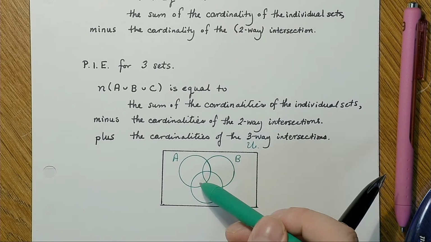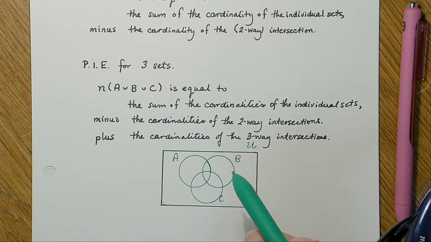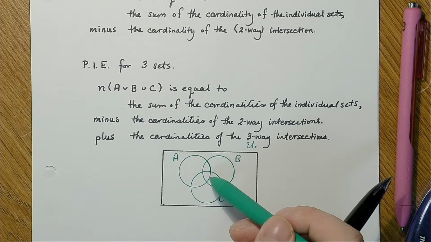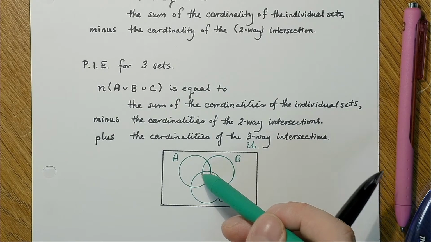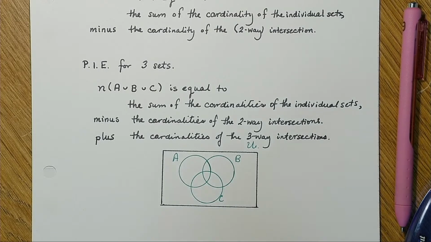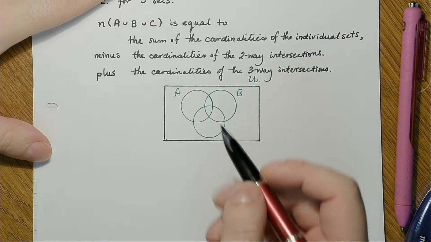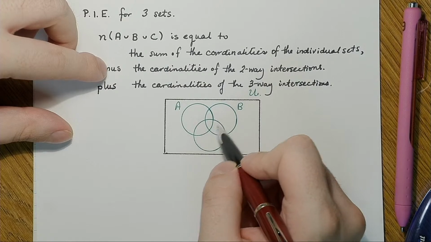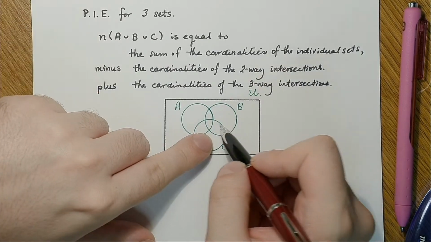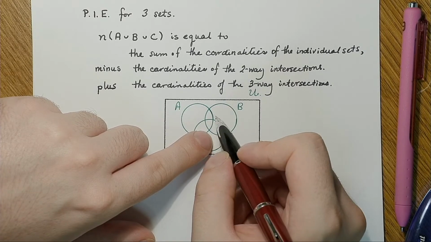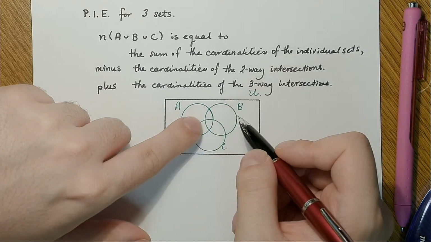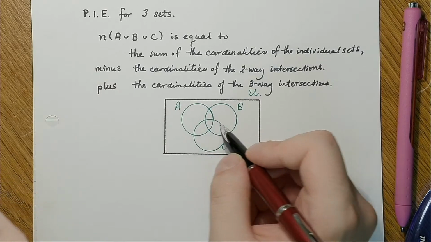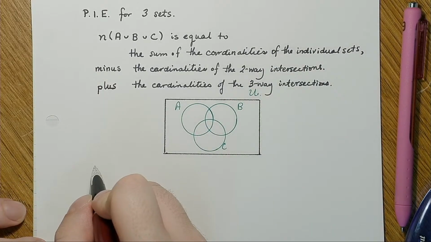You have 3 two-way intersections, so they're overlapping with the A and C, A and B and C. And then you have the one right in here where it intersects the three-way between A, B, and C. So what you would end up doing is you would remove the intersection between A and B and C, and what you've ended up doing is kind of remove too much. You have to add back in now this intersection.